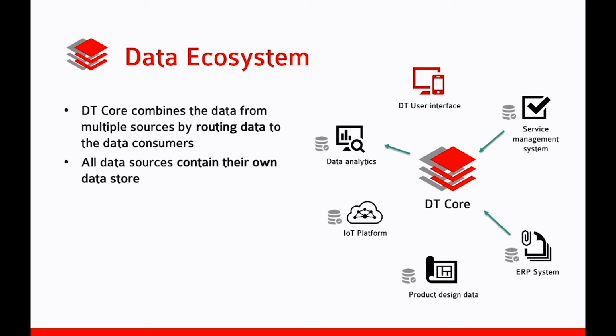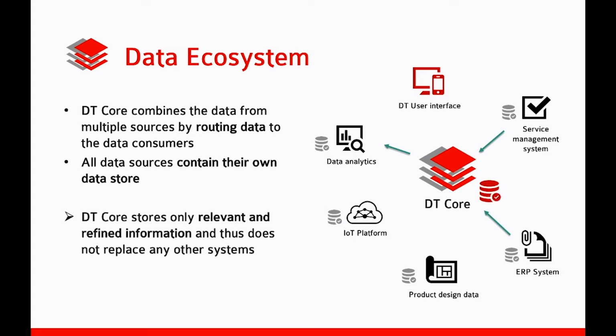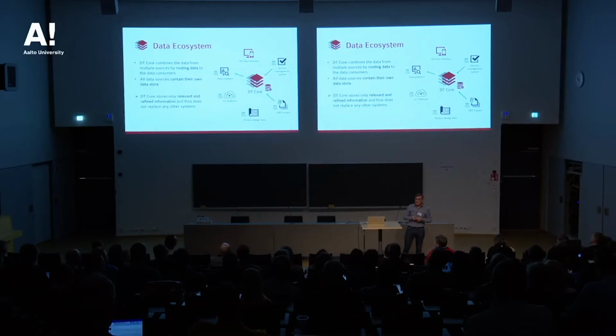And here we see that all of these surrounding entities around the DT core have their own data storage. So the data is stored there, and this DT core won't be replacing the other entities, but it's only routing the data, or it's creating new data within itself that's then provided to the user interfaces for what you want to see from the digital twin.